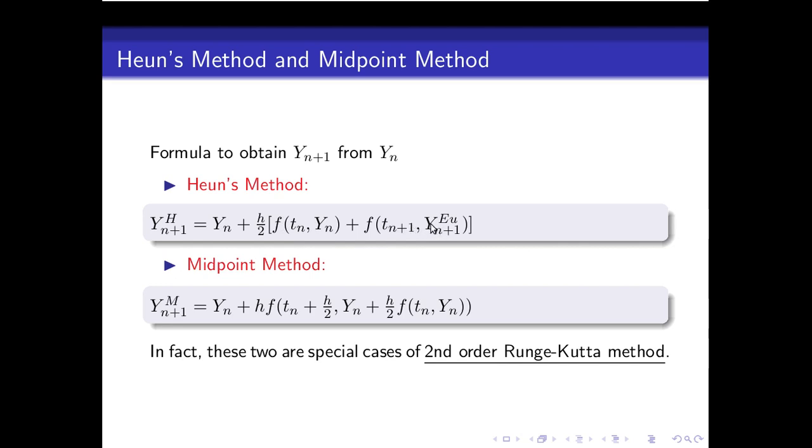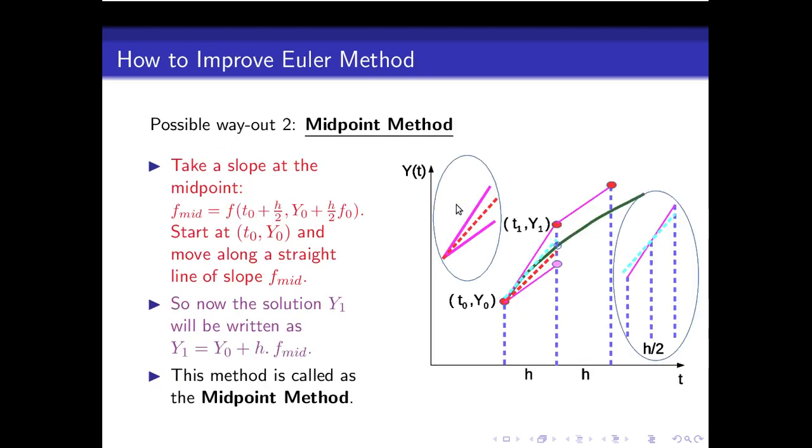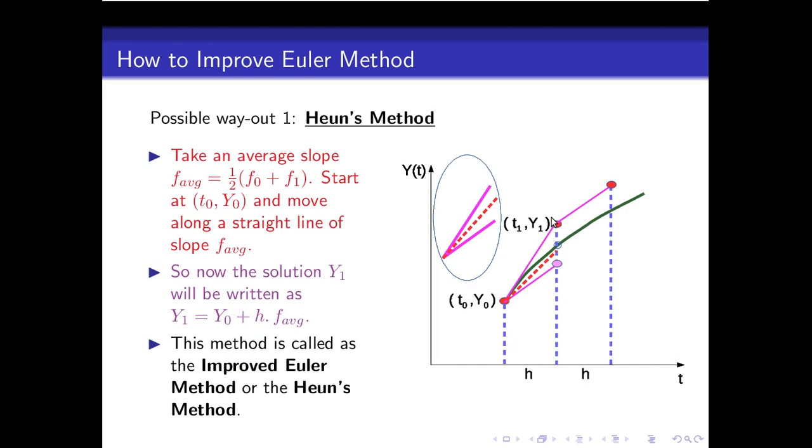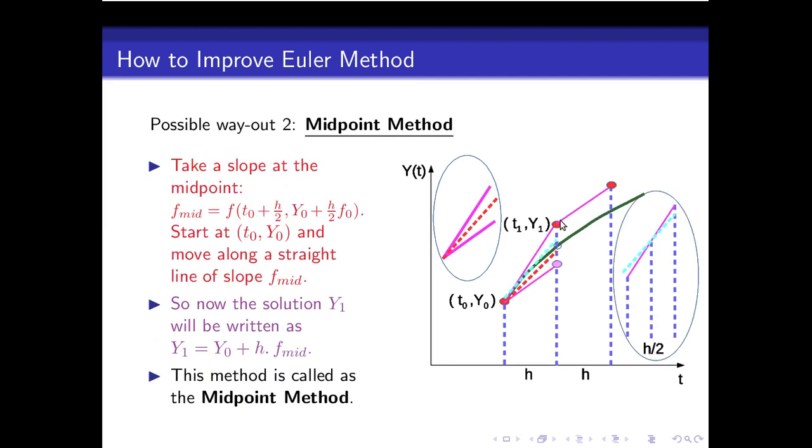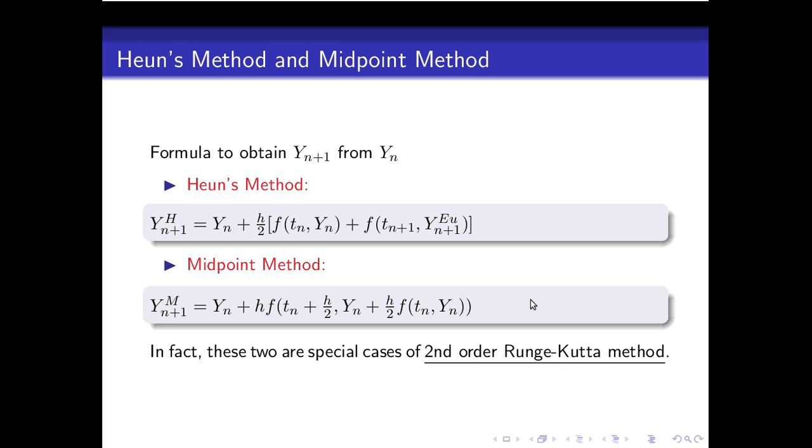Remember, this is not the final yn plus 1, which is what you are going to find. This yn plus 1 is the yn plus 1 of Euler method. So we are using the Euler method solution to improve it. So Heun's method solution involves the Euler method solution explicitly.